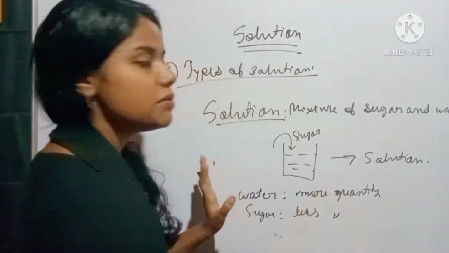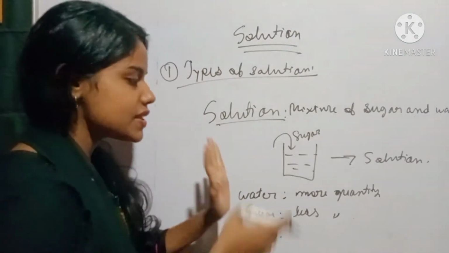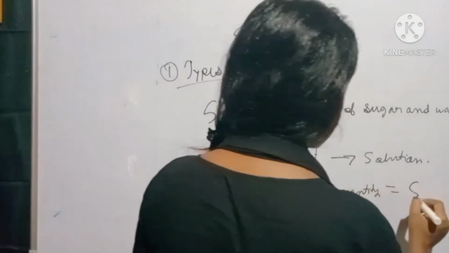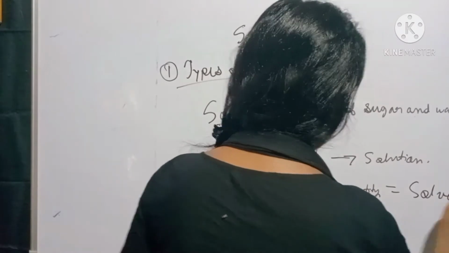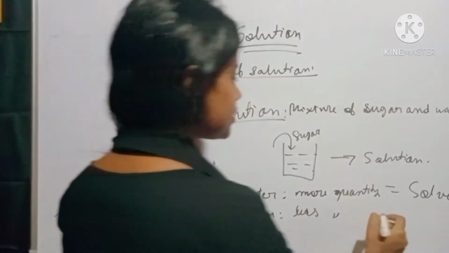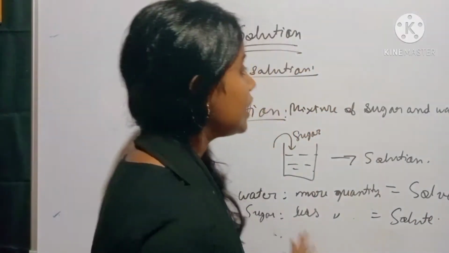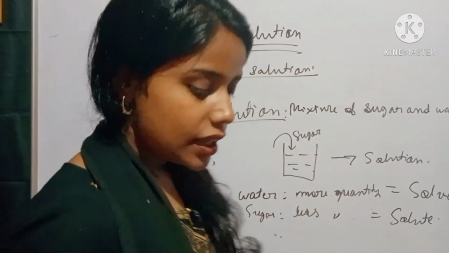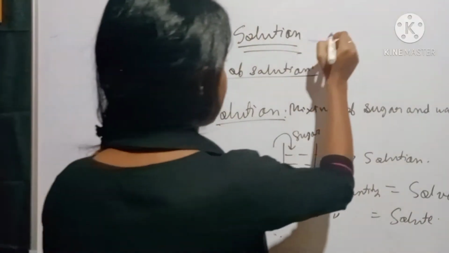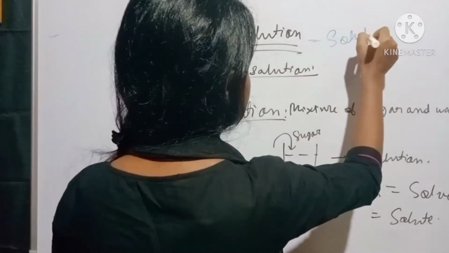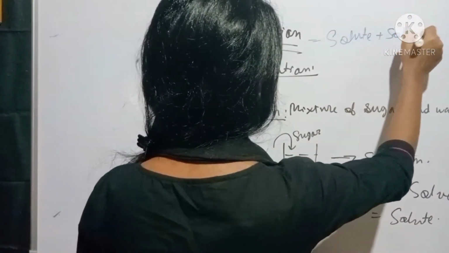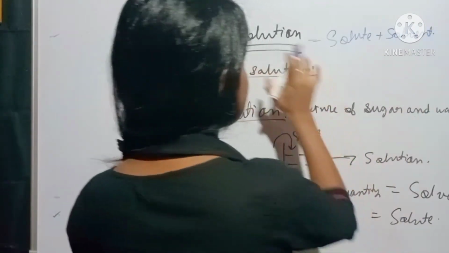The thing which is in more amount is known as the solvent, and the thing which is in less amount is the solute. You should remember these two things. So how can we get a solution? We get a solution by adding solute to solvent.